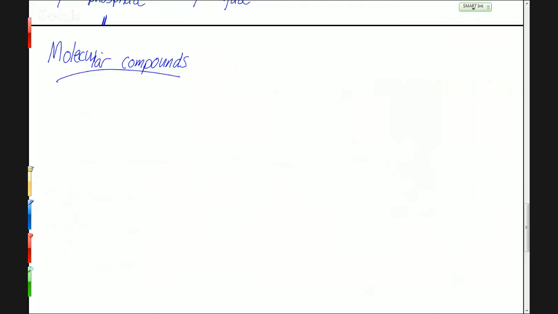Molecular compounds, we're going to get in a couple chapters, when we talk about bonds and how these compounds fit together. For our purposes right now, we can think of them as no metals.